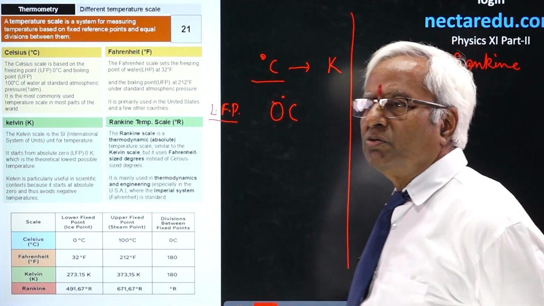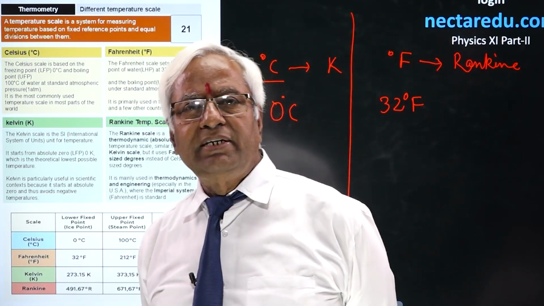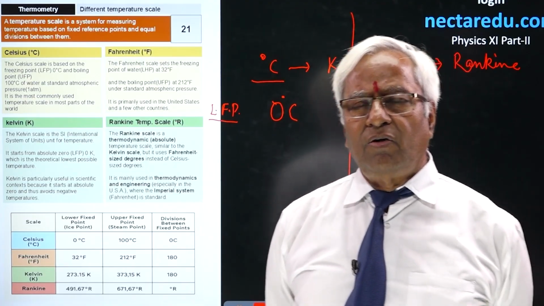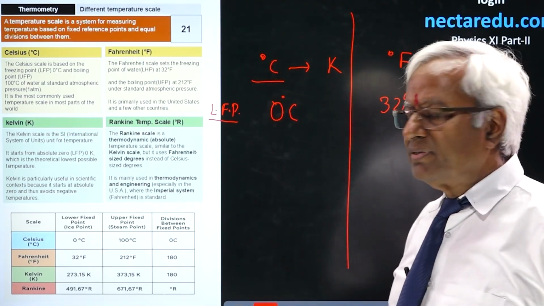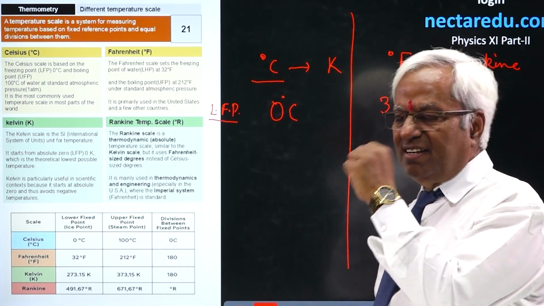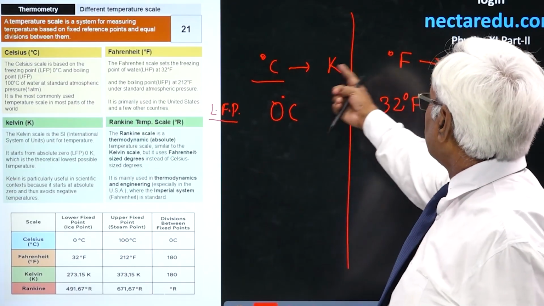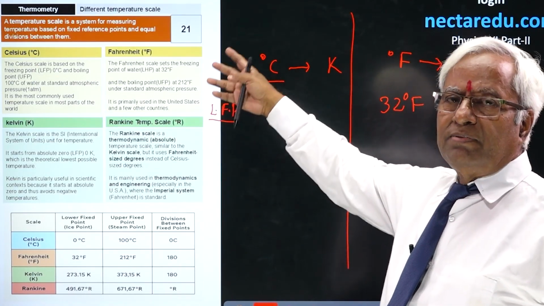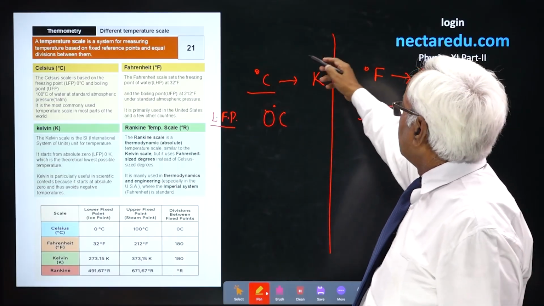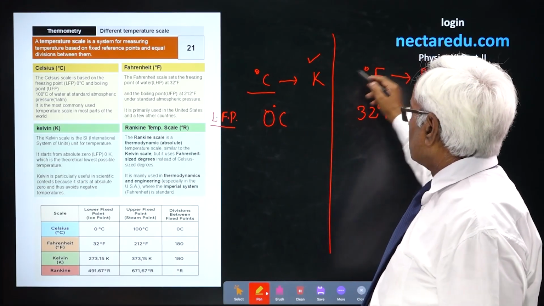There was one more scale that has become obsolete and is not of much concern, so we are not considering that. That is Reaumur scale. So we are talking about only these two scales, and by parallel the Kelvin and Rankine scale also.